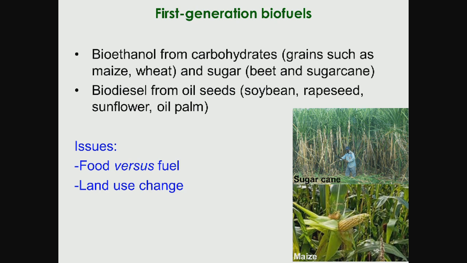The issues here are the fact that obviously some of this food crop is instead being used for a fuel, so we've got this conflict between this food versus fuel productivity. And the other concern here is that of land use change, which I'll come back to in a moment.